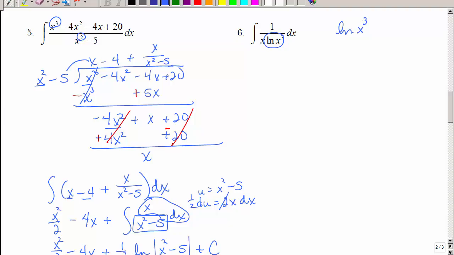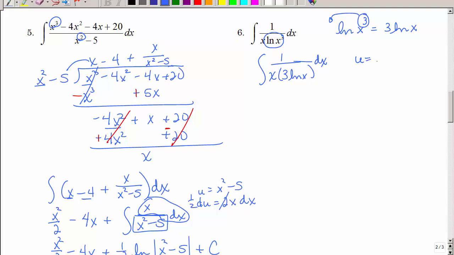What could that be the same as? Well, believe it or not, with rules of logarithms, we can take a power and move it down in front. So this integral could be written as 3 times the natural log of x times x. Does that help? I don't know.